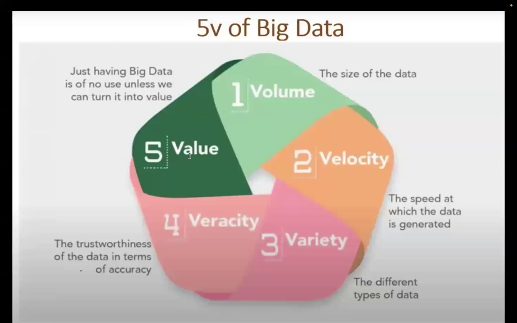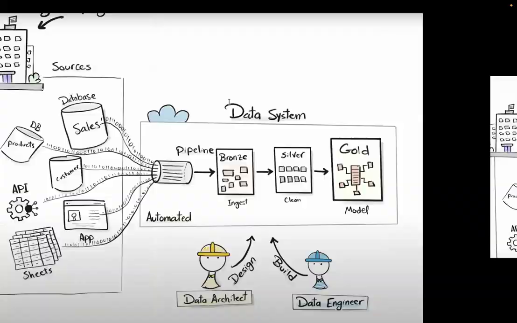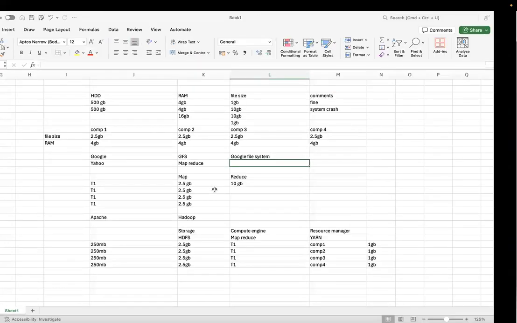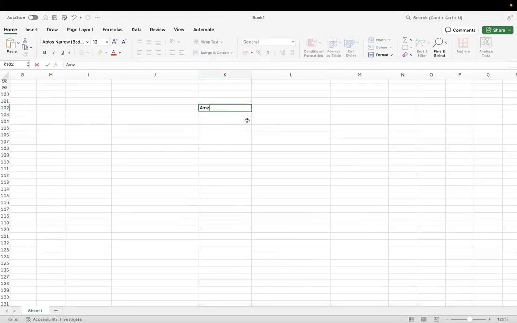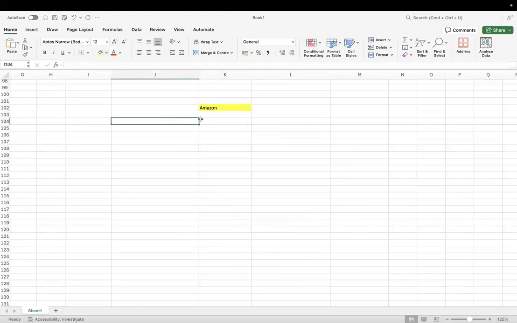So these are the five principles that we have to follow or discuss whenever we are talking about big data, guys. Let's quickly take an analogy on big data. Again, I'm going with my favorite organization, Amazon. I generally use this a lot. So we talked about five V's, correct?